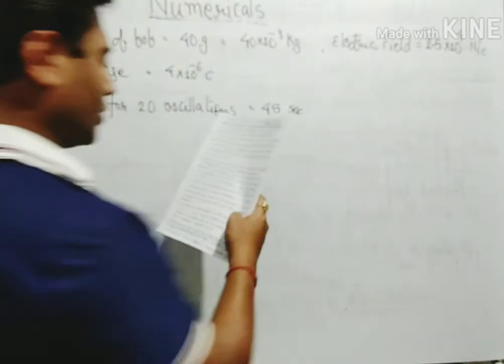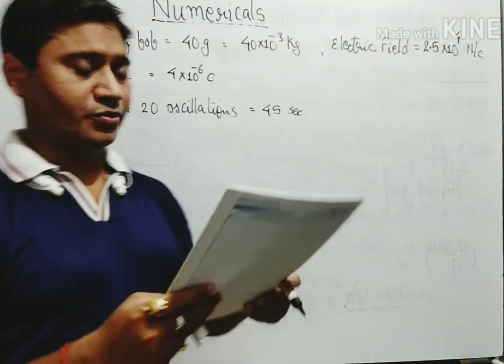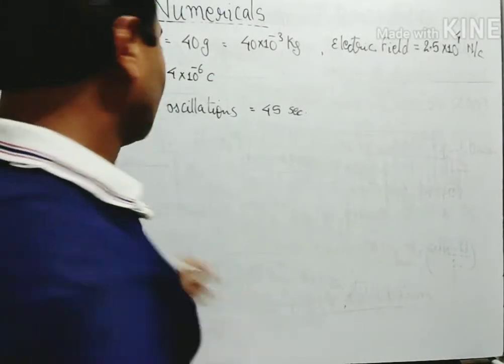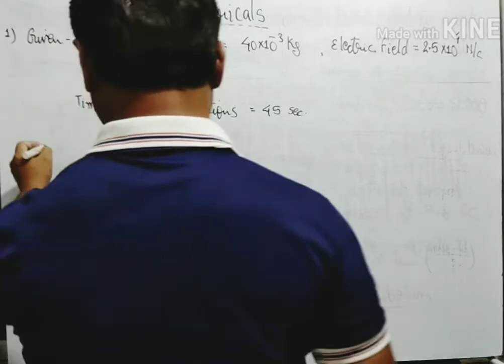Now we need to calculate the time to complete 20 oscillations. So let's have the solution part.